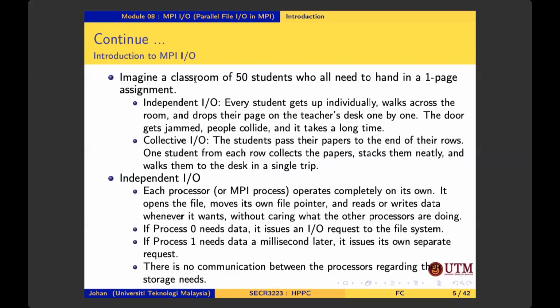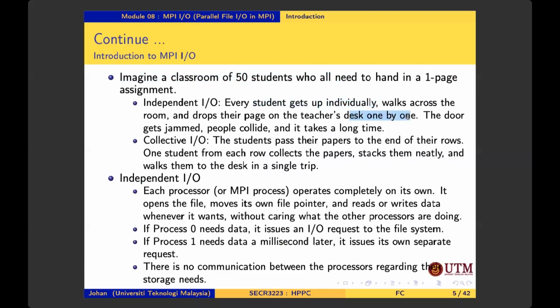try to imagine a classroom of 50 students who all need to hand in a one-page assignment. With independent IO, every student gets up individually, walks across the room and drops their page on the teacher's desk one by one.